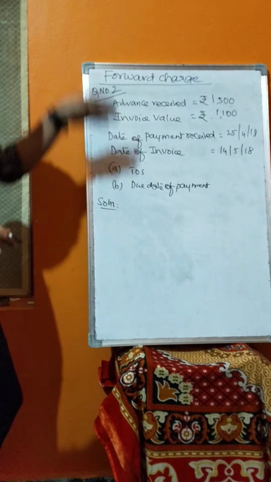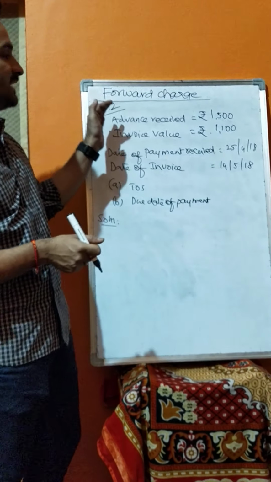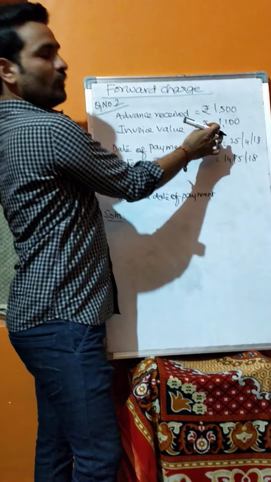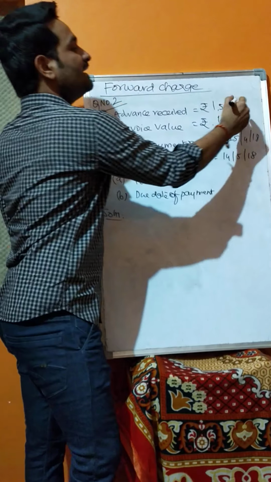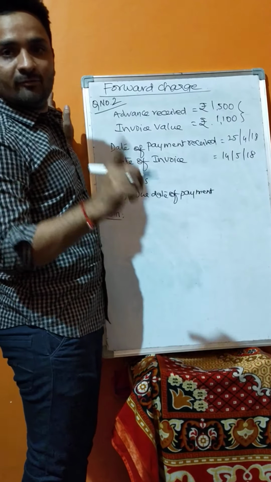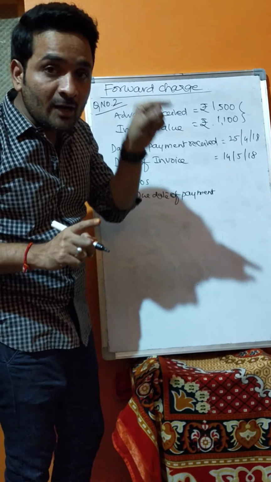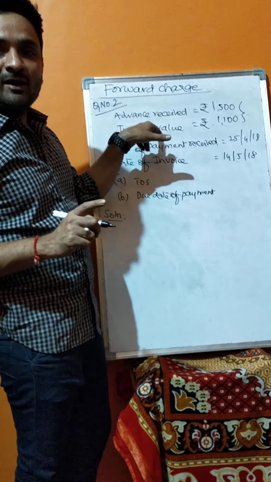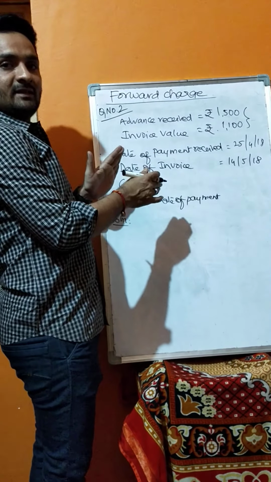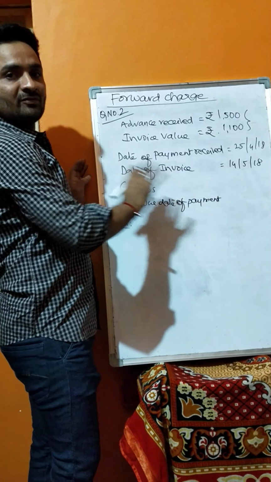In this kind of question, whenever the advance amount is received, you have to be very careful. If the difference between the advance amount and the invoice value is less than 1000, what is the difference between invoice value and advance received? 400, which is less than 1000. If the difference is 1000 or less than 1000, then there is a choice as far as the time of supply is concerned.